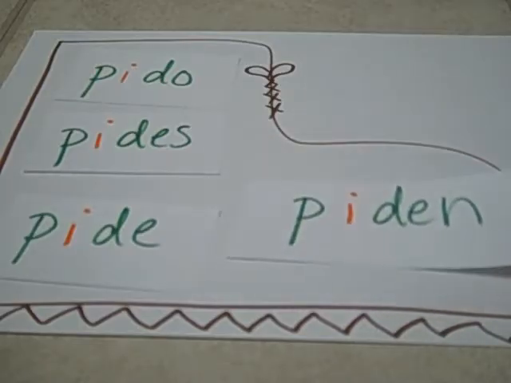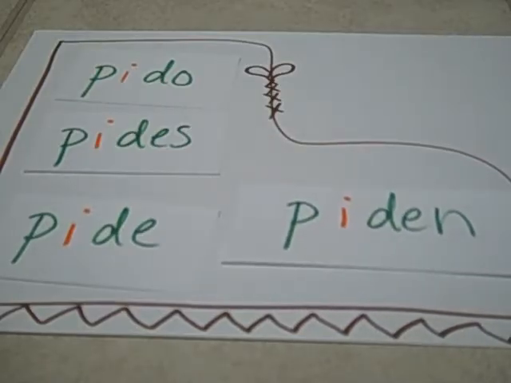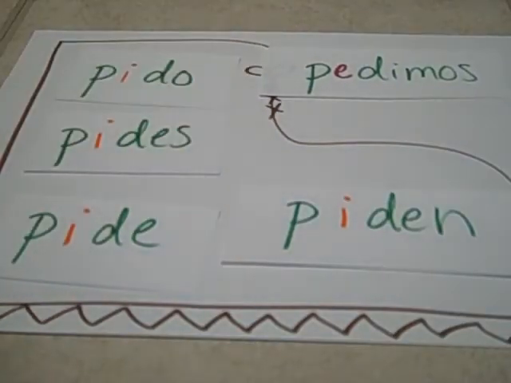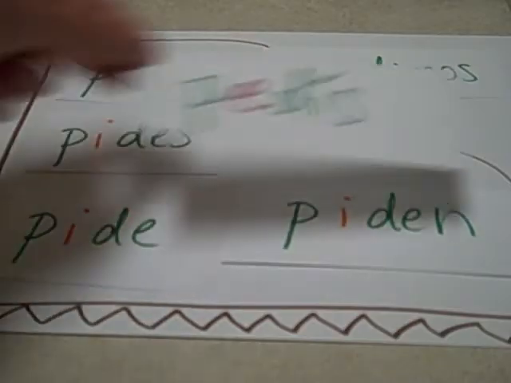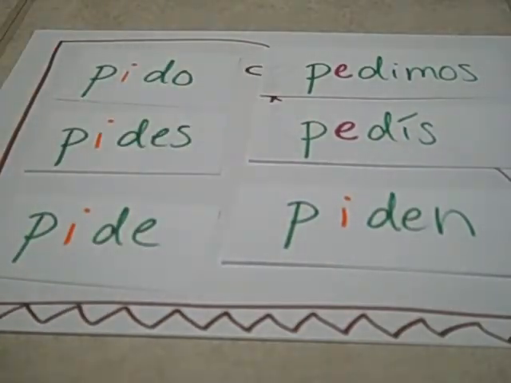Ellos, ellas, ustedes piden. But, just like with the E to IE stem changing verbs, the nosotros and vosotros forms do not get this stem change. So we have nosotros pedimos and vosotros pedís without the stem change. There are multiple verbs in Spanish that change E to I in the stem, and you will start to remember these through practice as well.